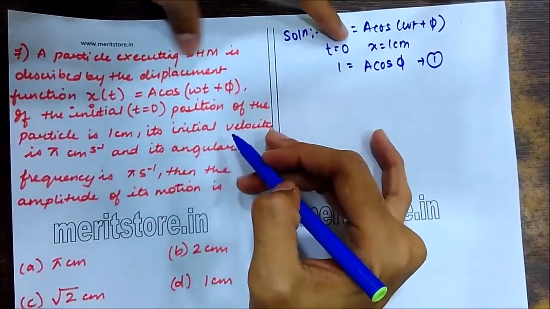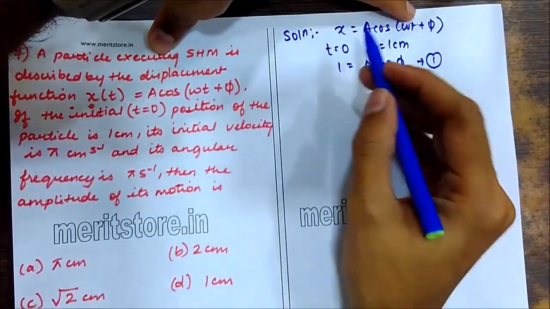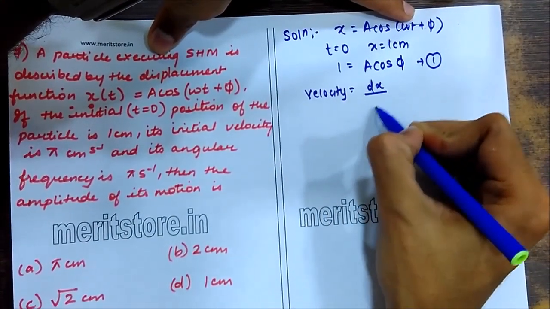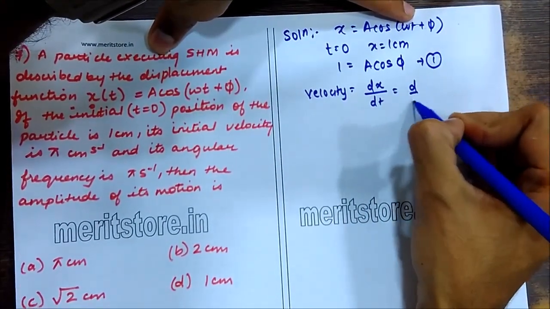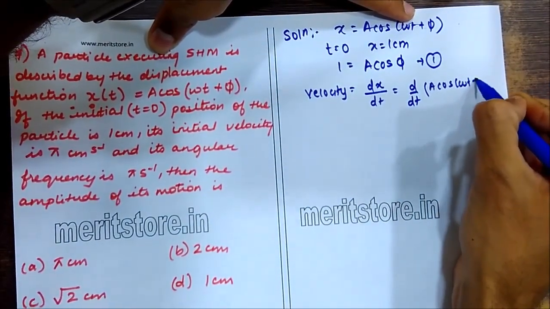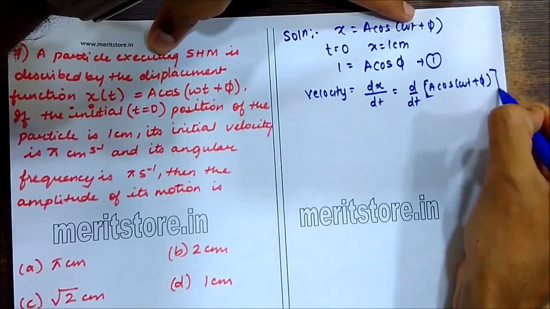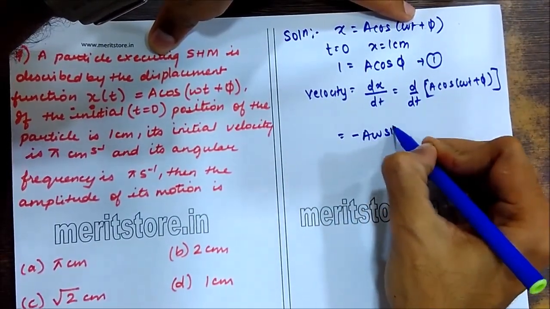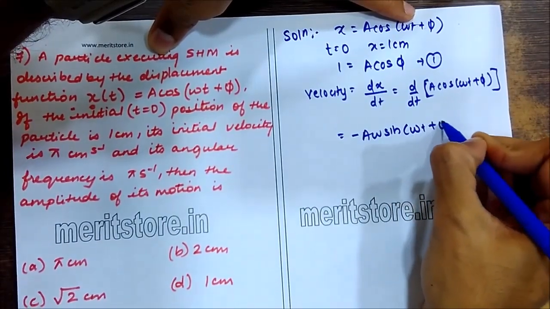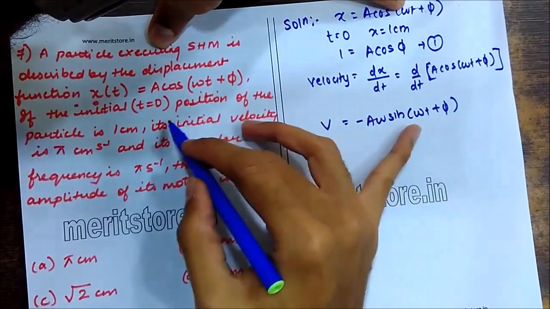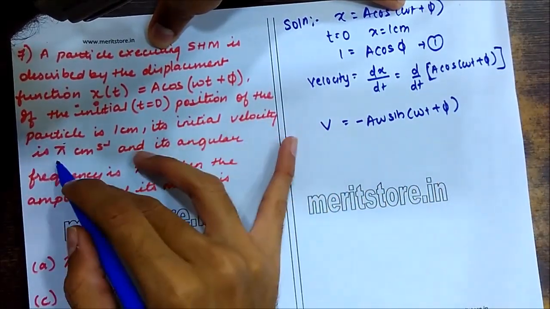Next we have the condition for velocity, where velocity is equal to change in displacement upon time. So dy/dt of A cos(ωt + ψ) will give you minus A ω sin(ωt + ψ), that is your velocity.